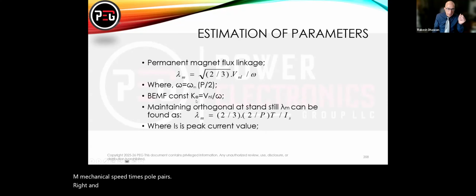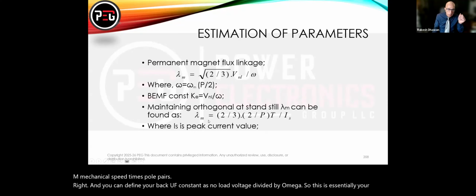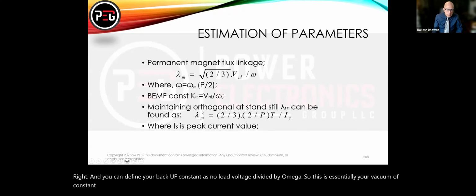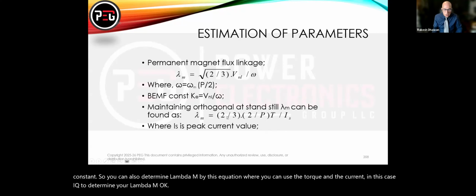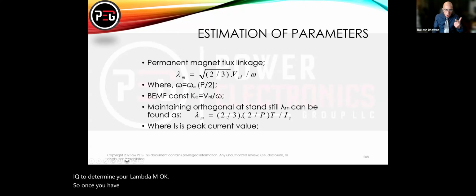And you can define your back EMF constant as no load voltage divided by omega. So this is essentially your back EMF constant. You can also determine lambda M by this equation, where you can use the torque and the current, in this case IQ, to determine your lambda M. Okay, so once you have determined lambda M, R, LD, and LQ, you are ready to control the motor.